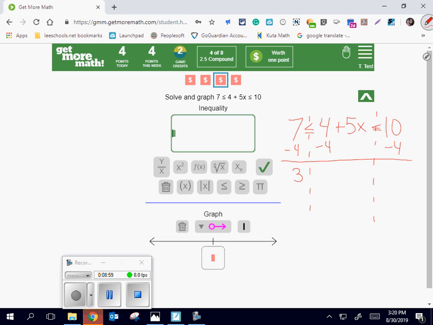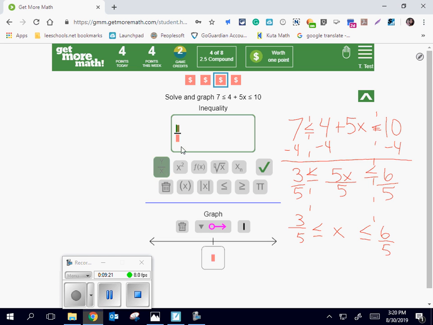So we have 3 is less than or equal to 5x, less than or equal to 6. And then I divide everything by 5. So there we go. I have 3/5 is reduced, less than or equal to x, which is less than or equal to 6/5, which is also reduced. That should be the answer for the first part.